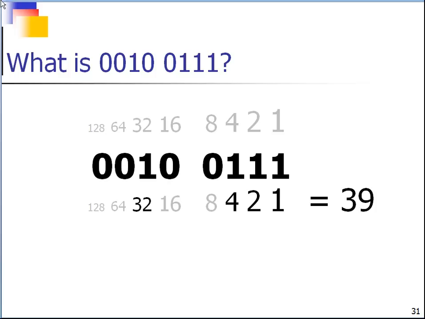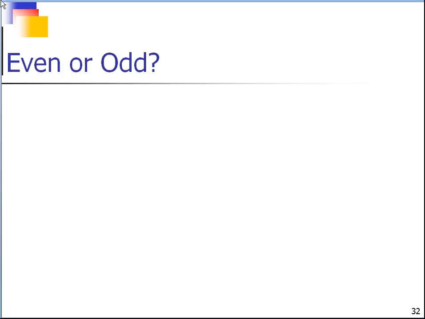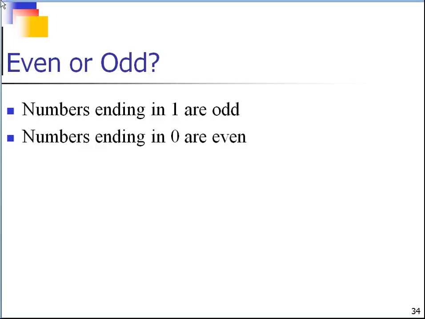Somebody might say that this one is 38 or 40. You should ask yourself a question. Is this binary number that I see even or odd? Here's the rules. If the number ends in a 1, it's an odd number. Has to be, because 2 to the 0th is 1, which would be the rightmost position. If it ends in a 0, they are even.